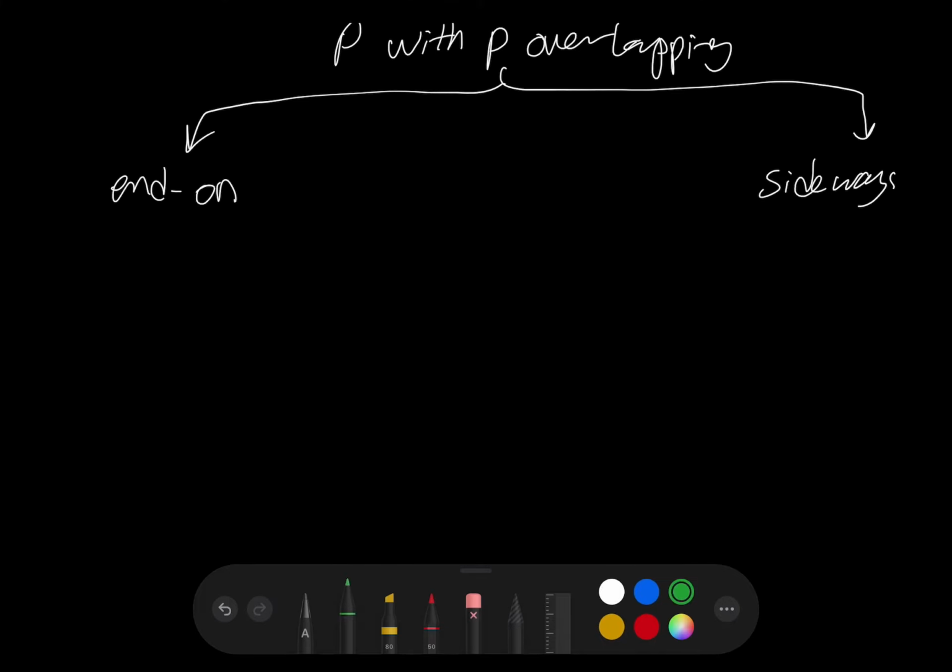For example, if you look at this carbon atom, carbon single bond, as you can see, is an example of end-on overlapping. So let's start with the electronic distribution of the first carbon here. It's 1s2, 2s2, 2p2.